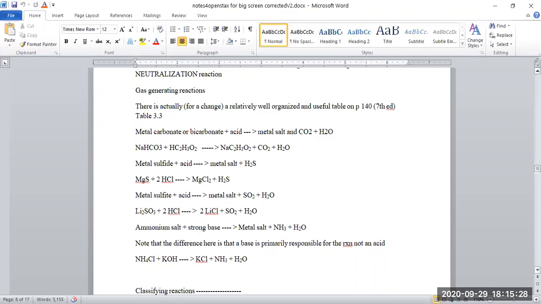I've got a couple of HCl's because I wanted to make this balanced. I get an SO2 molecule, I get a water molecule. My leftovers are my LiCl, and that's my metal salt. Beware, don't try to make it Li2Cl2. Mercury is the only thing that likes to do that with chlorides.